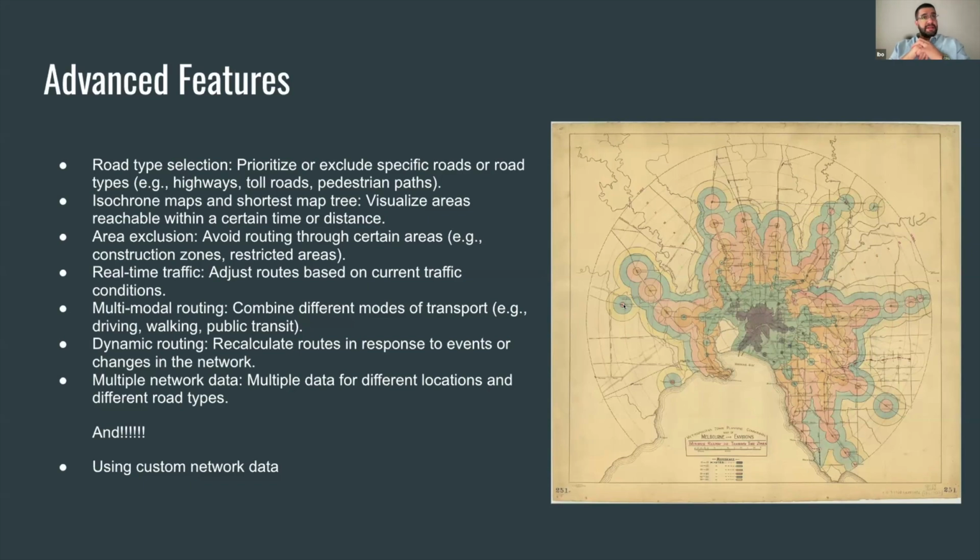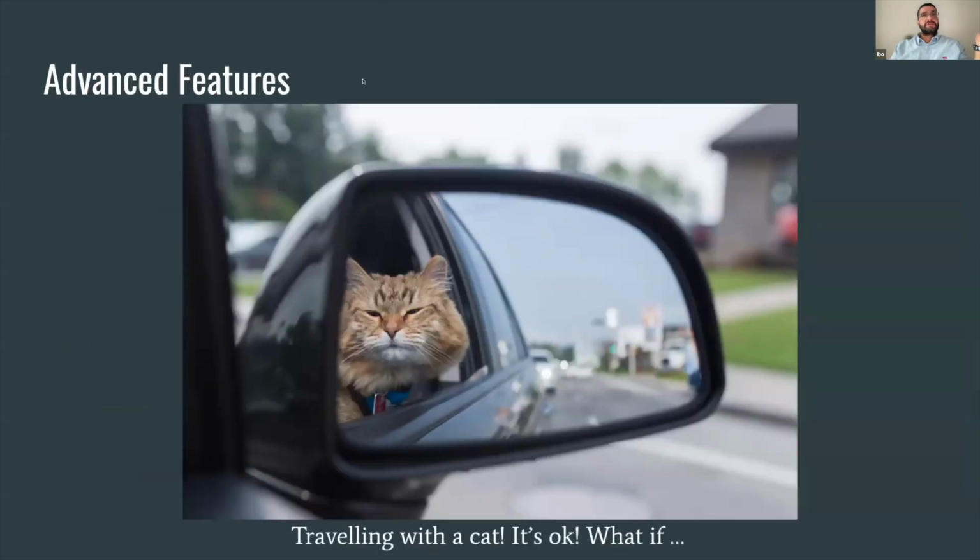And dynamic routing and multi-network data is also important for solving routing problems. And maybe the most important, what I've faced many times, is using your custom data. If you're traveling with a cat, it's okay.